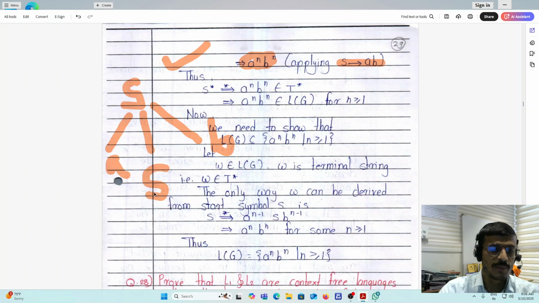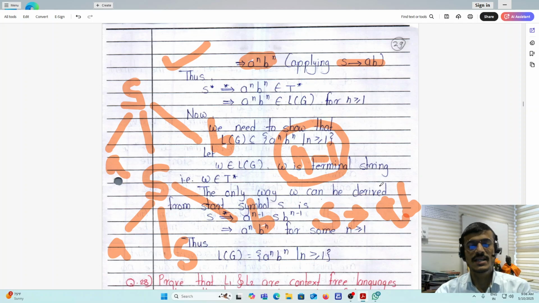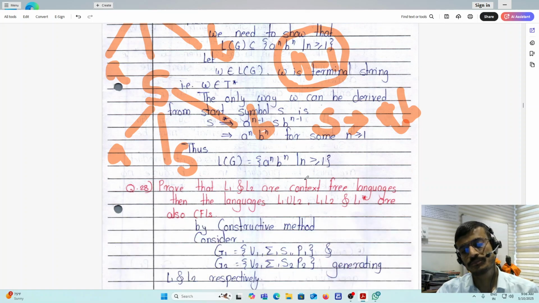Again you apply S tends to aSb, and this procedure goes on for n minus 1 steps, and once you complete n minus 1, you go for S tends to ab. That gives us the result. So that's it for a raised to n, b raised to n for n greater than or equal to 1. I hope you got this idea.